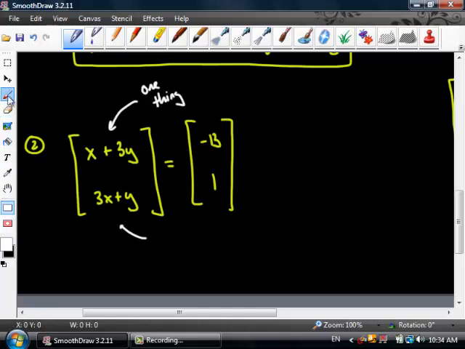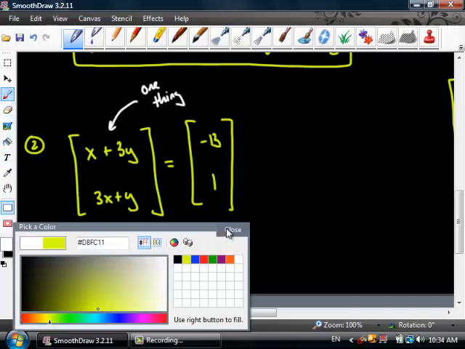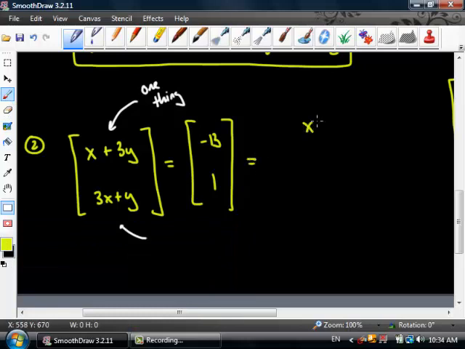So when I solve for this, this is really x plus 3y equals negative 13, 3x plus y equals 1. So the plus in between links them together and makes them one term inside the matrix. Does that make sense, everyone?